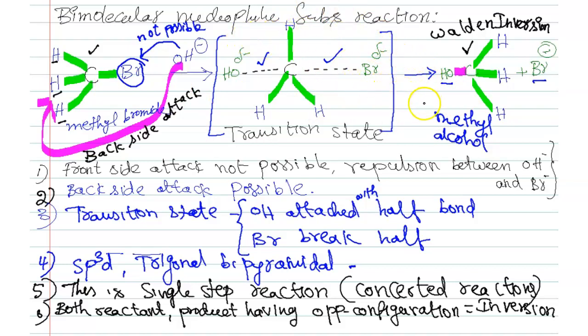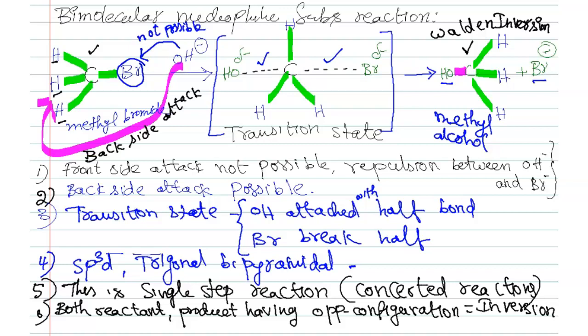Is it okay, students? One more time explaining. Try to understand. In a bimolecular nucleophilic substitution reaction, we are taking CH3Br as a reactant, and the nucleophile OH minus is attacking. Front side attack is not possible because there is a direct repulsion between Br minus and OH minus.